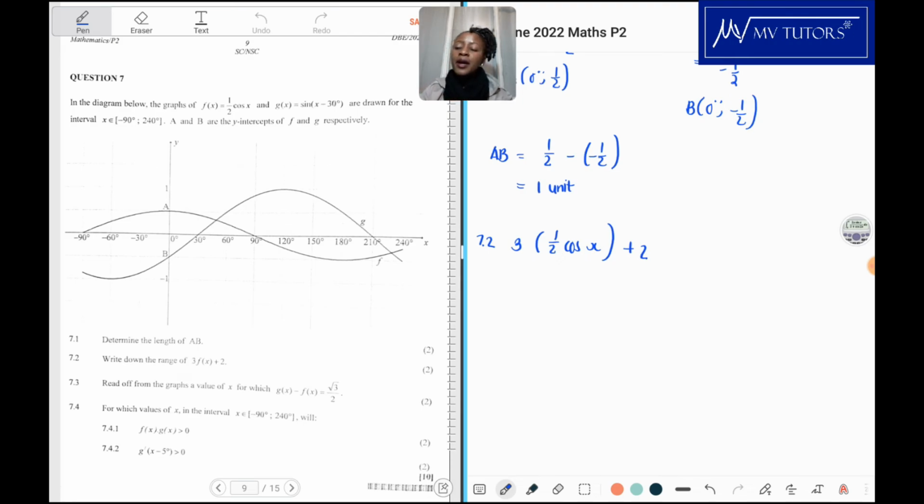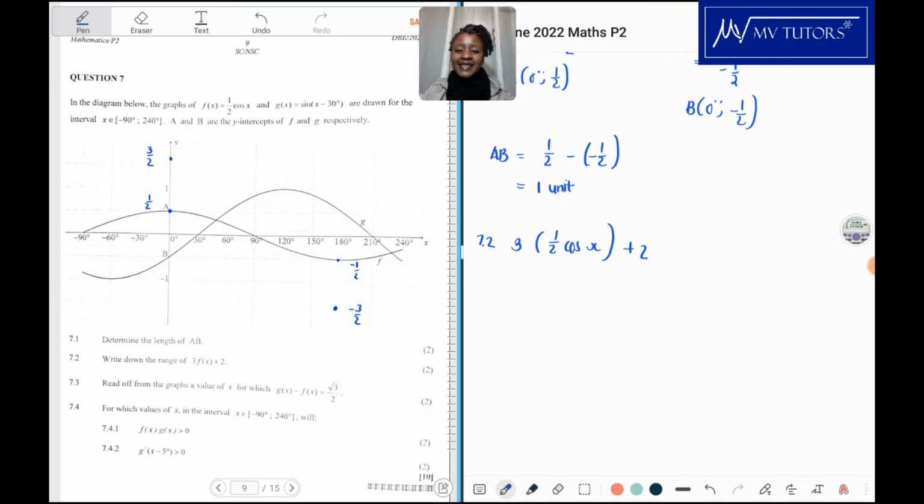So if you had a half, and now you have amplified it by 3, what's a half times 3? It's 1.5, or 3 over 2. And on the other side, if this was negative a half, you would end up at negative 3 over 2. This is how your graph would amplify in terms of the amplitude.